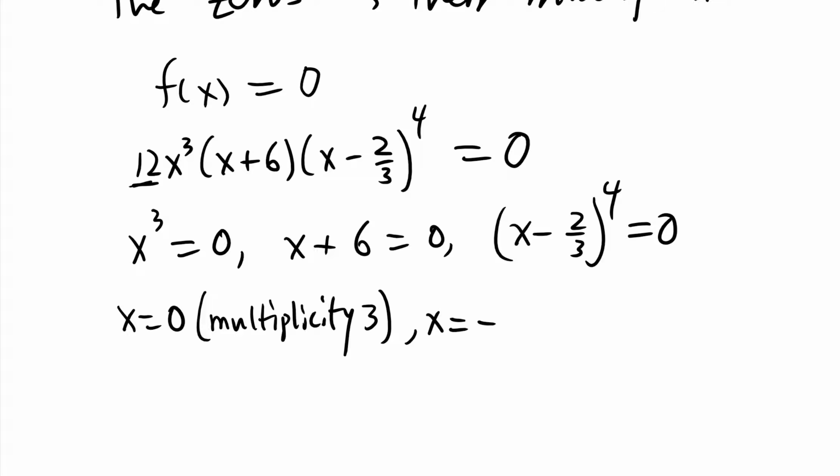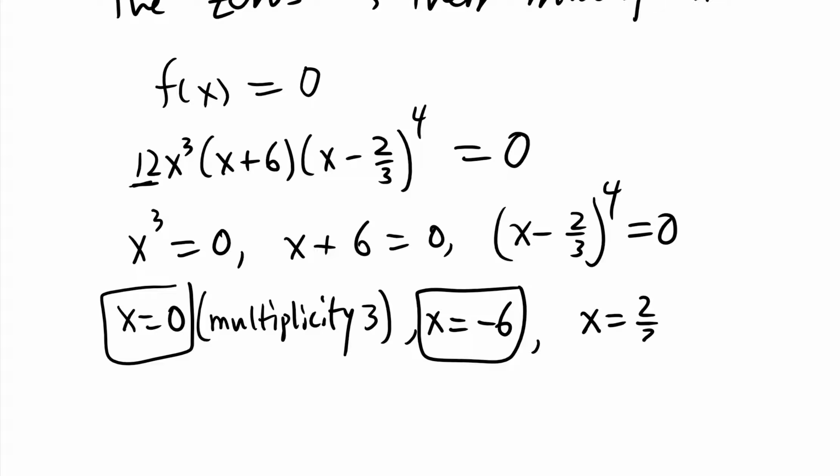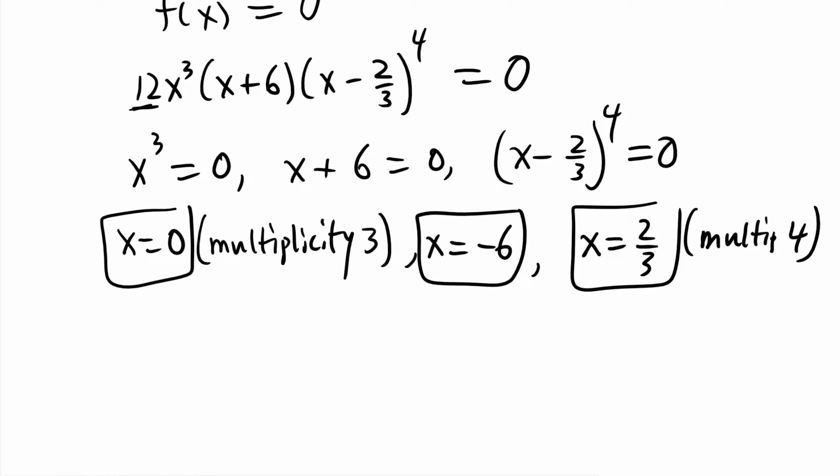The next one, x equals negative 6 with multiplicity 1, and the last one, x equals 2/3 with multiplicity 4. Any questions about this?